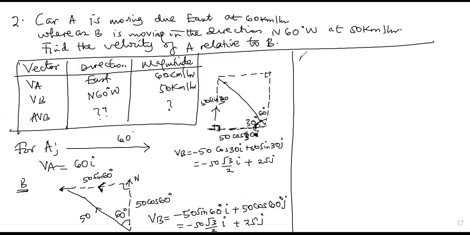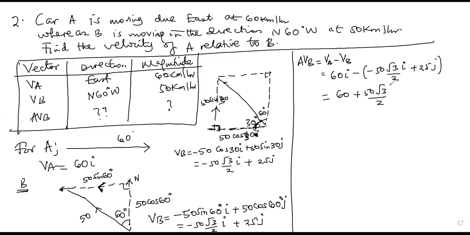Now, they need AVB, but you know that AVB is the velocity of A minus velocity of B. So velocity of A was 60i minus negative 50 root 3 over 2 i plus 25j. So this is the same as 60 plus, because this will be plus 50 root 3 over 2, everything i, then minus 25j.